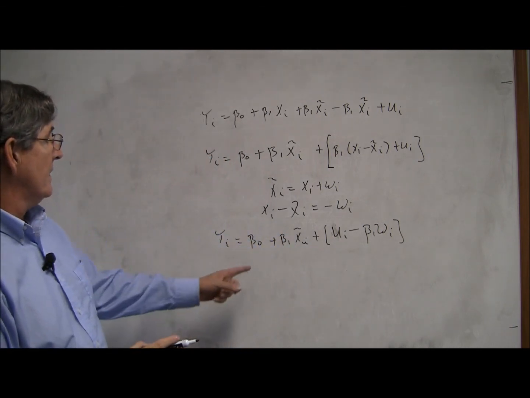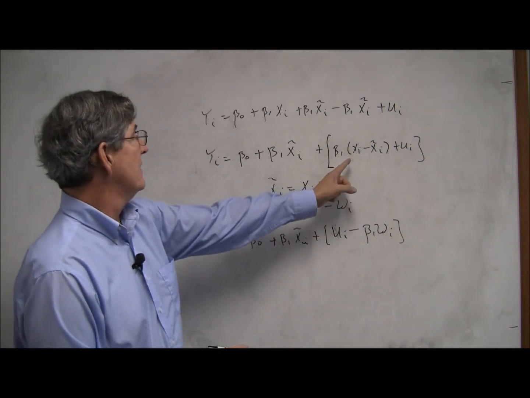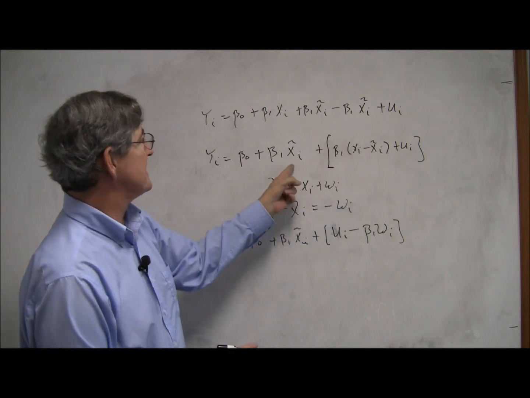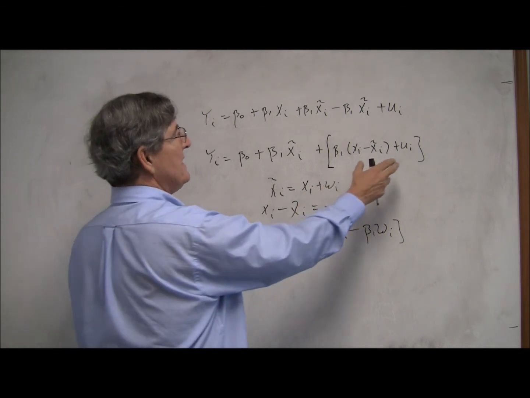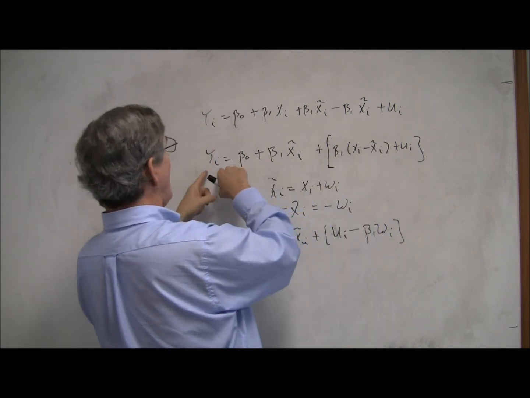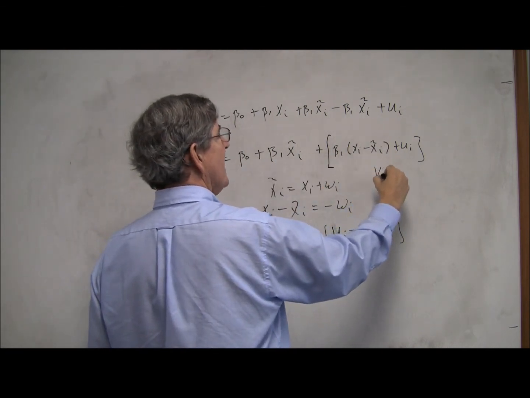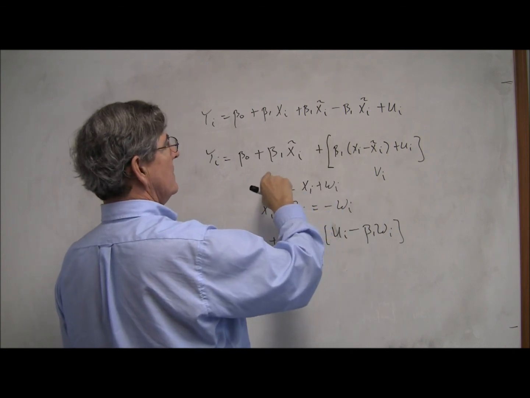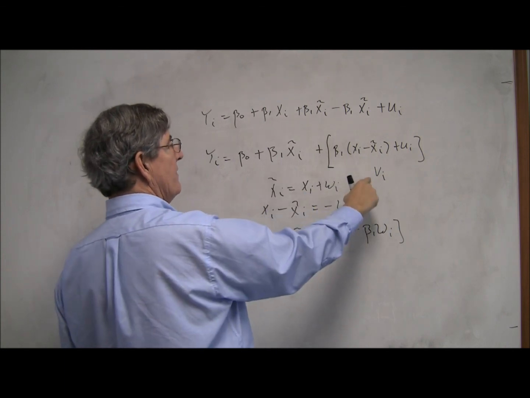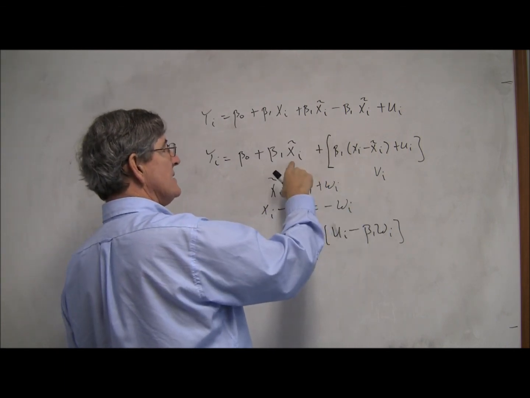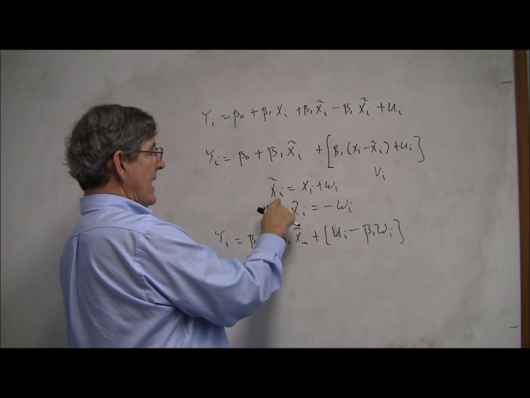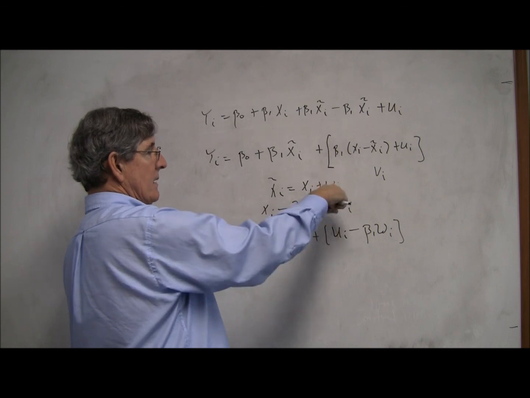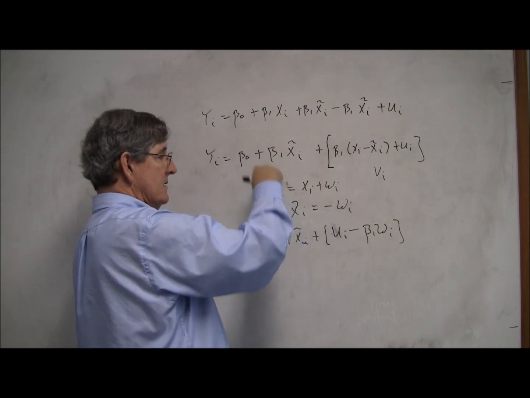Here's the problem. X tilde and the error are going to be correlated. This is the error term. If I run yi on x tilde, call this vi. vi is the error term that we would get in the model. And that error vi would be correlated with x tilde, because x tilde is in it. Or just look at xi here. X tilde i has wi in it. When wi wiggles, x tilde i wiggles.